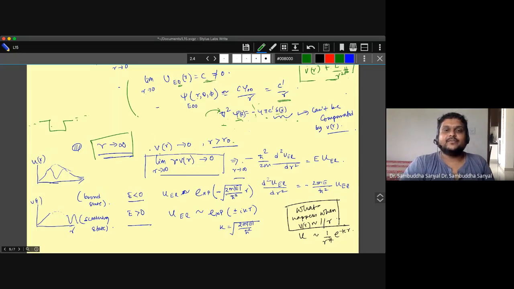Even if it is not actually 0, if it grows slower than r itself and satisfies a condition like this, then you can write down the r going to infinity Schrodinger equation for the radial coordinate.